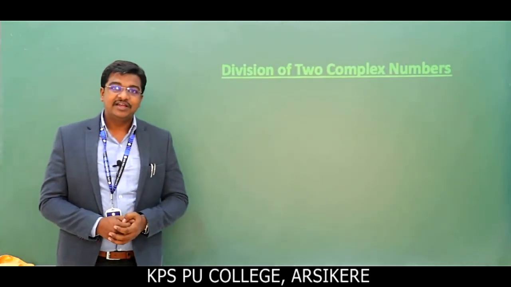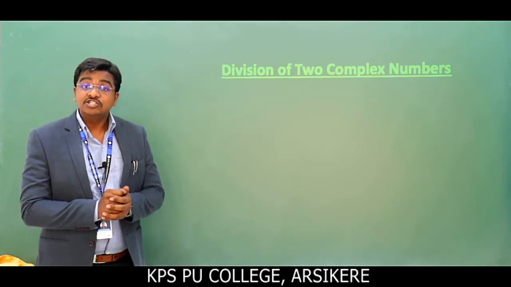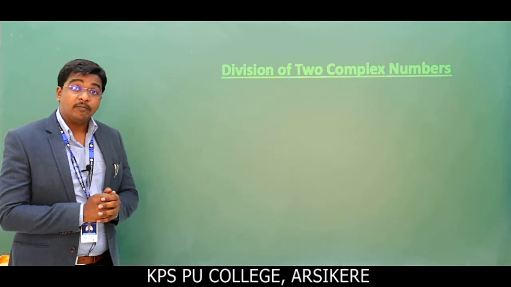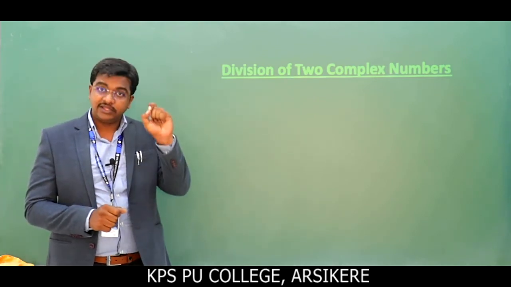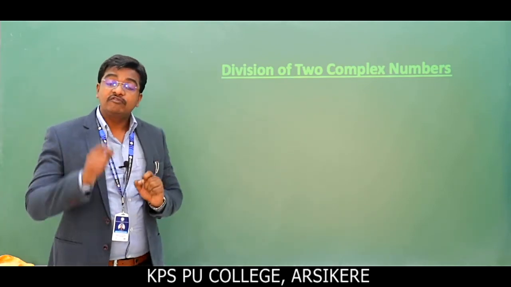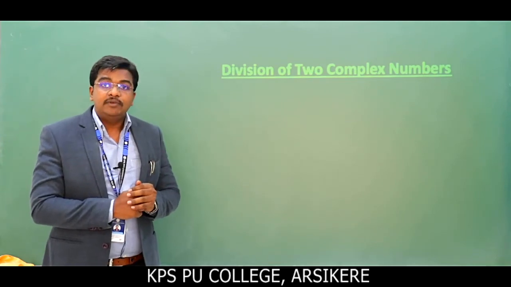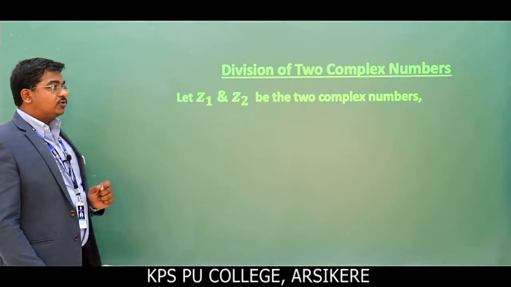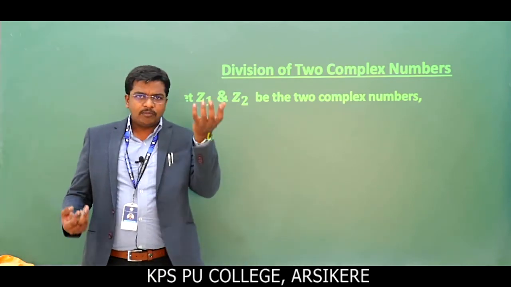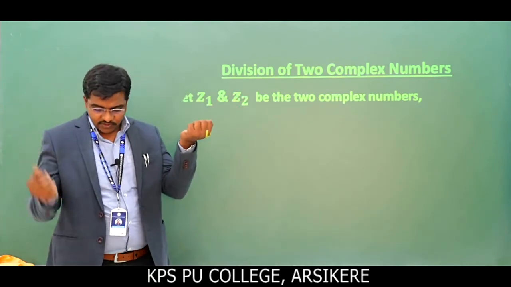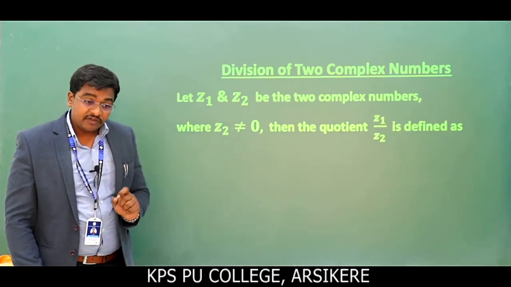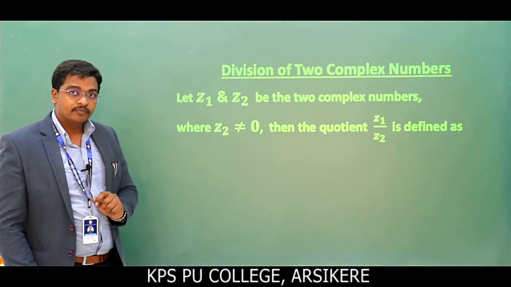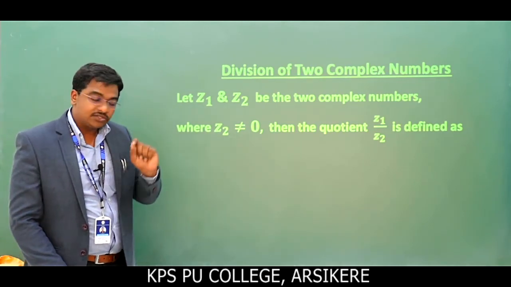Now dear students, we are moving to the next algebraic operation, division. How to find the division of two complex numbers and what are the important things we should remember while finding the division of complex numbers. Let z1 and z2 be two complex numbers, and this condition is very important: z2 is not equal to 0.